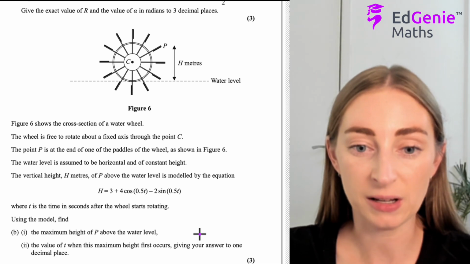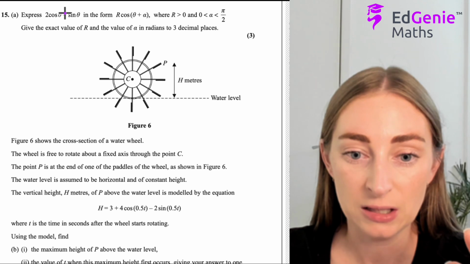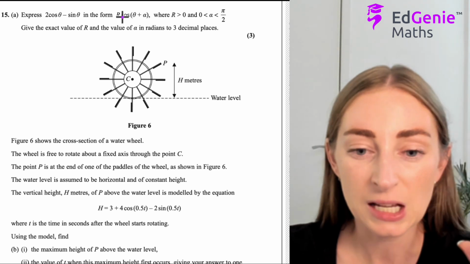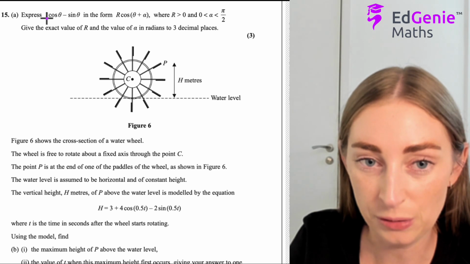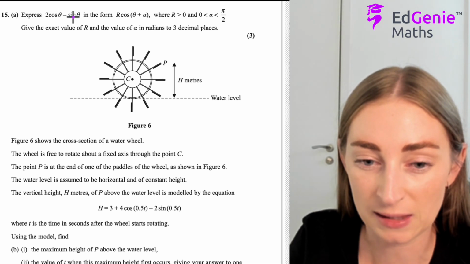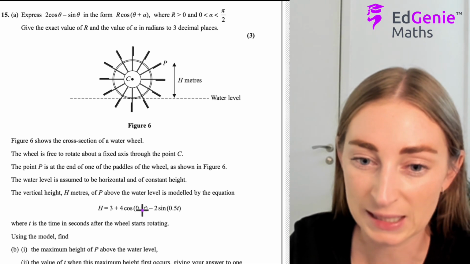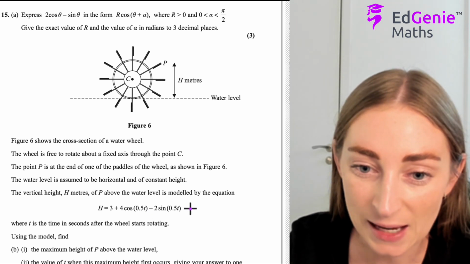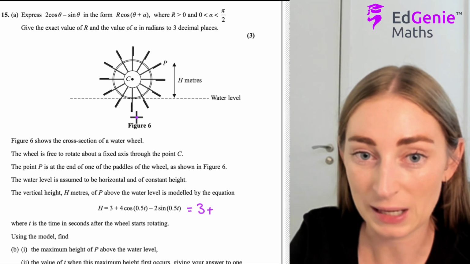So what I'm going to do first is have a look at this and see if it looks similar to any of this. So it does look similar to this, doesn't it? So here we've got 2 cos theta minus sine theta. Here we've got 4 cos, and then I know we've got 0.52. So this is the same as 3 plus double what we had here.